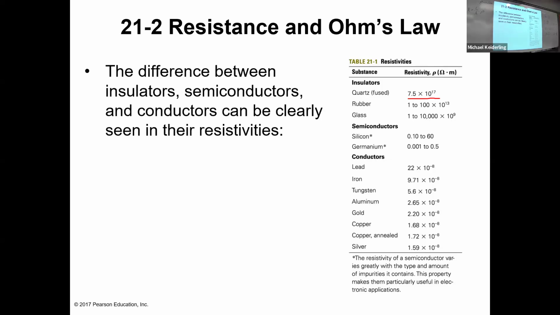Copper is 1.68 times 10 to the minus 8. Annealed copper is 1.72 times 10 to the minus 8 because there's less discontinuity defects and such in it to get in the way, basically. And silver is 1.59 times 10 to the minus 8.